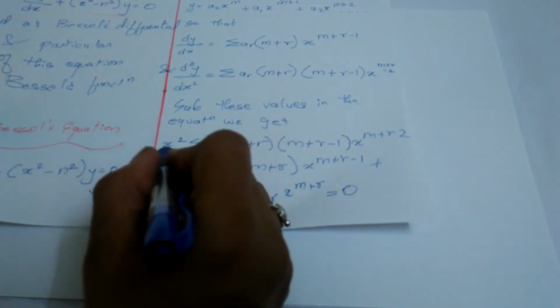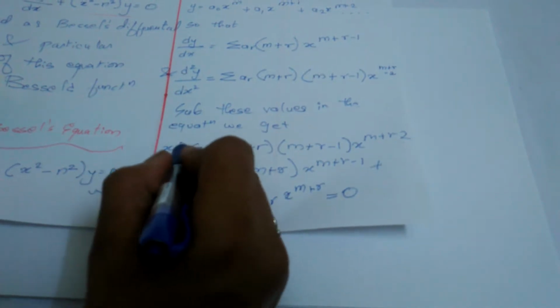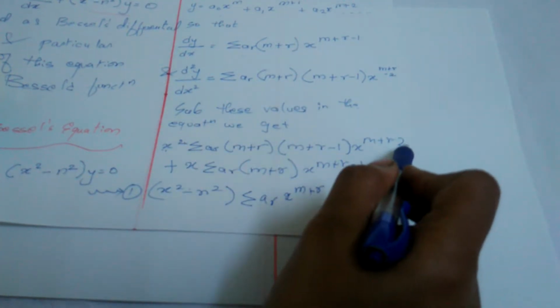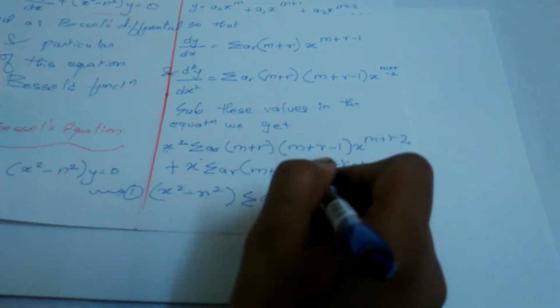So see this, we have solved this x, we have brought it here, this x raised to 2 and this is x raised to minus 2, so this will get cancelled. Same way here also, this is x raised to 1 and this is x raised to minus 1. So these terms will get cancelled out.